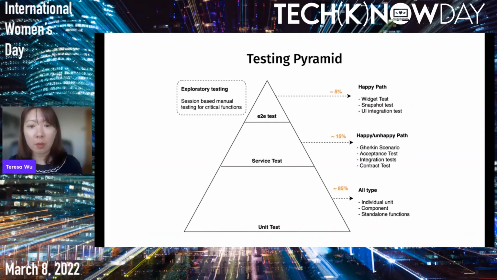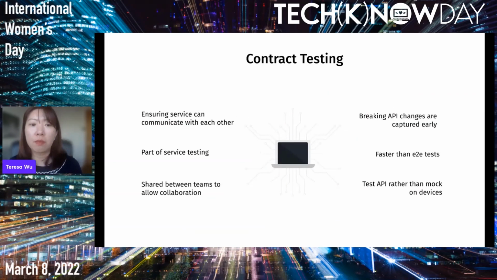But there's another type of test called a contract test, which is designed to test your API and to prevent any breaking change from being deployed into production that would break your front-end app. The contract test sits in the middle of the test pyramid, as part of the service test. You do both happy path and unhappy path with it. Because it doesn't really touch the UI, although it connects both apps together, it provides a very efficient way to do your testing. I will talk a bit more about contract tests.